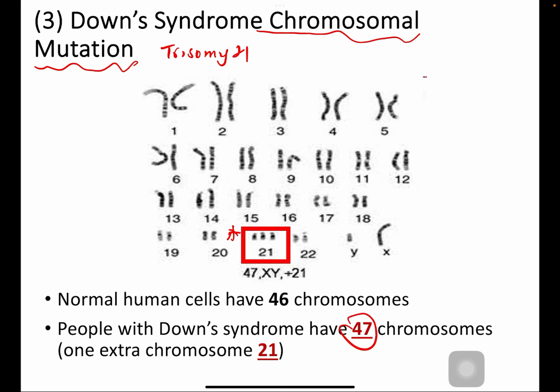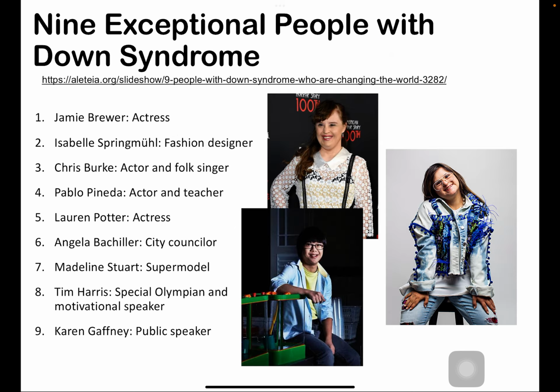So Down syndrome individuals have 47 chromosomes instead of 46. And based on this karyotype, what can you tell apart from the individual being someone with Down syndrome? This individual is also a male, based on the chromosome chart over here.